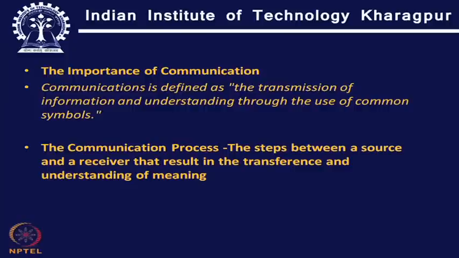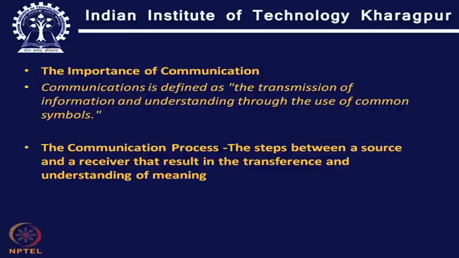The communication process is the whole lot of steps which take place in between when we are talking of transmission of information. It is the process which occurs, like how this message passes from the source to the receiver, how this transference takes place, and how the understanding of this whole situation takes place.